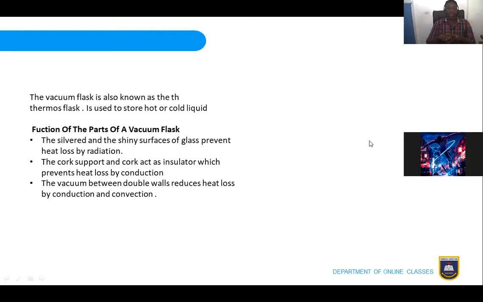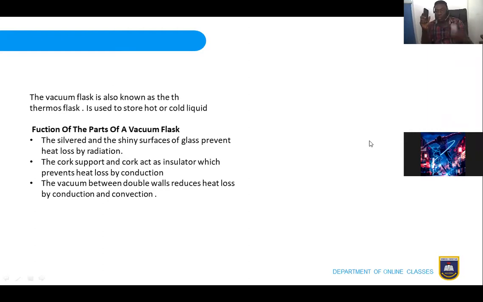Let's say you take a black body and a shiny body. This body is made up of a shiny surface, and this is a black body. If you subject the two to heat, you see that the black body will absorb more heat than the shiny surface body.